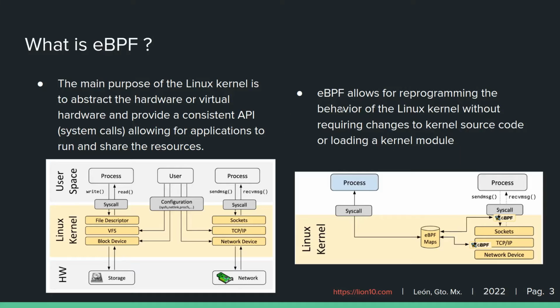Whereas eBPF allows for reprogramming the behavior of the Linux kernel without requiring changes to the kernel source code or loading a kernel module. I guess the idea of eBPF programs is to interact with the hardware as well, but without necessarily using the kernel modules, which are part of the Linux kernel.